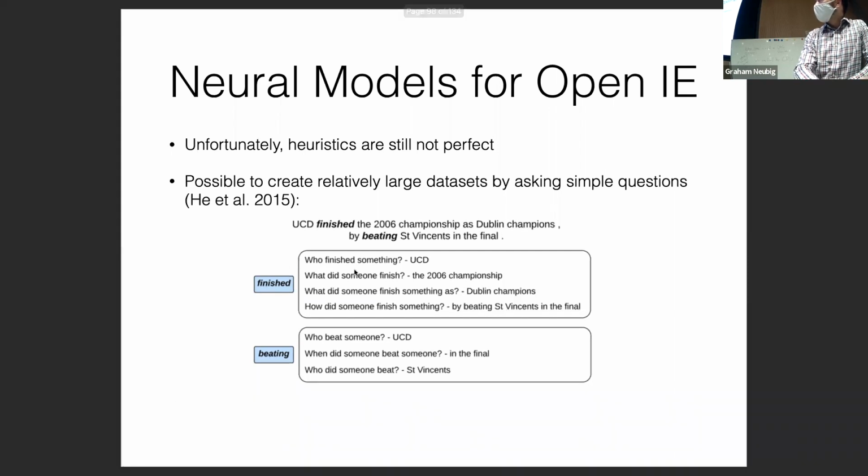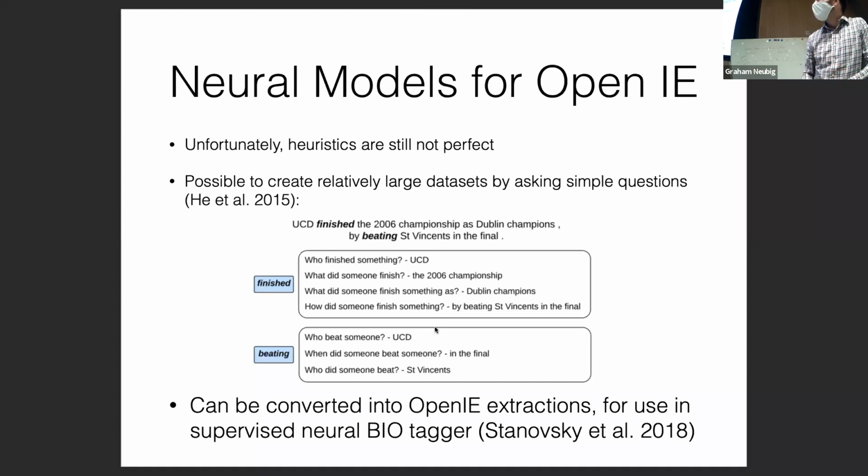And this is actually called QA-SRL. It's question answering based semantic role labeling. So this is saying like, who is the agent of this action? Who is the patient of this action? So agent is kind of like subject, patient is kind of like object. And then other kinds of semantic frames like this. And you can convert these into OpenIE based extractions.